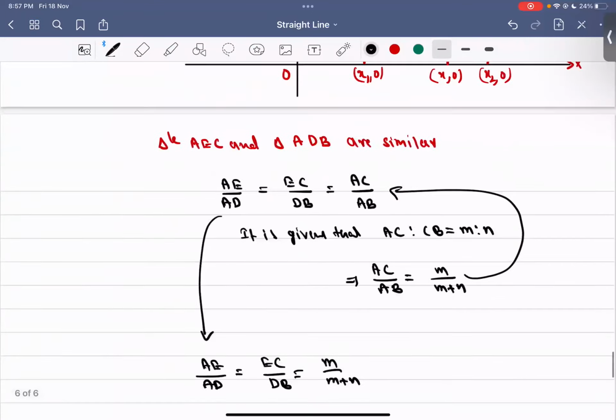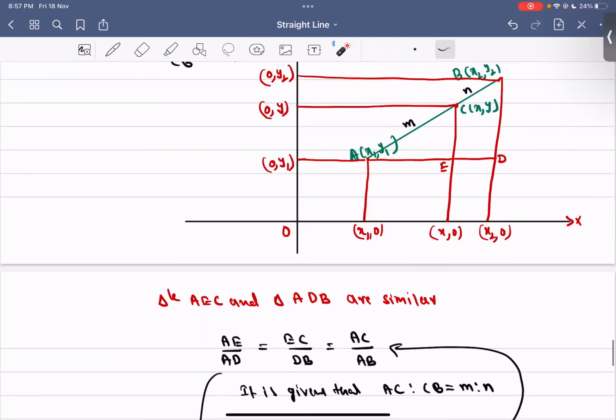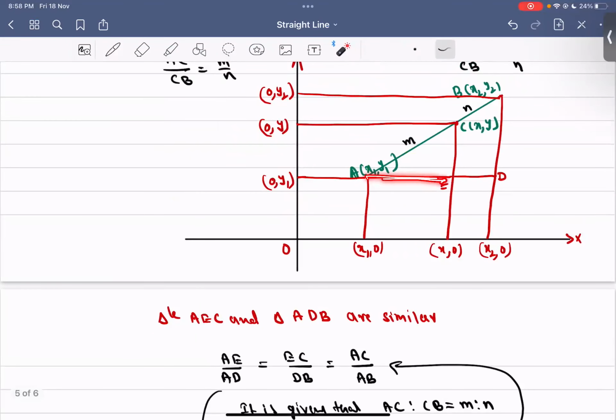Now what is AE from the diagram? AE distance. Is this x minus x1 or not? This distance minus this distance is this distance. These two distances are the same. That's why this distance is x minus x1.